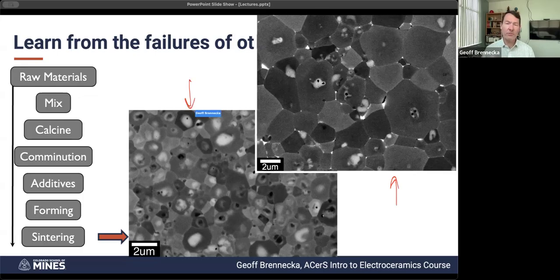This one was absolutely beautiful electrically, and it comes down to whether you have discrete second phases or if things are relatively graded. That change in microstructure, grain size, and distribution of elements was all about the defect chemistry, changing the intermediate phases along the way and the diffusion rates of different species.